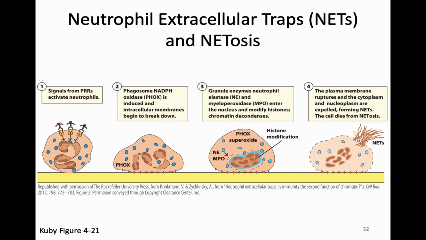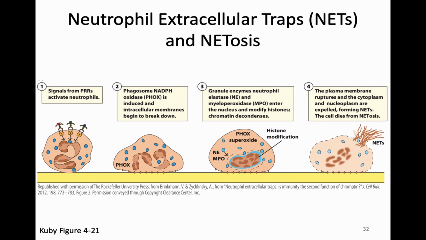There has been some controversy about how this is related to neutrophil cell death, whether the neutrophil is required to die in this process. And so that's one reason why I mention it when I'm talking about the short-lived nature of neutrophils. The process of making nets is often referred to as NETosis.